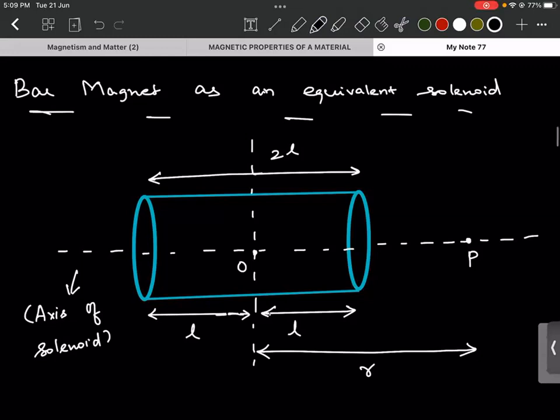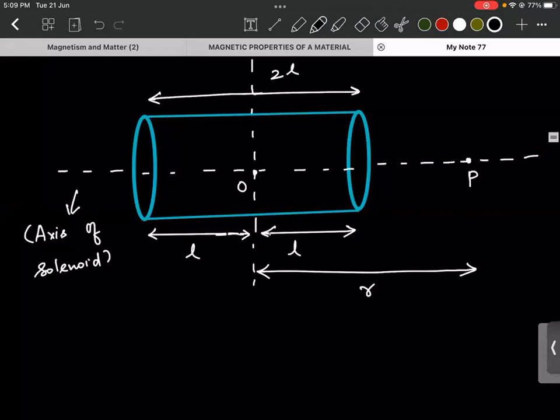Now if I take a small portion of thickness dx at a distance x from the center of the solenoid, I'm going to define certain parameters.